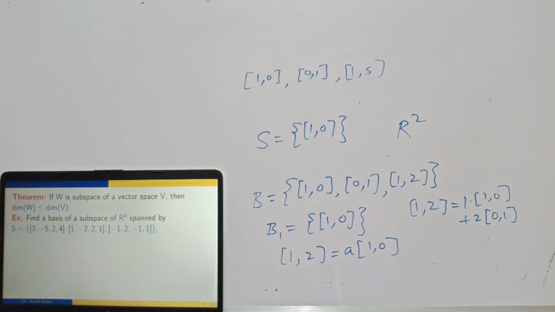Read this carefully. Find a basis of a subspace of R4. It is not for R4. You know, R4 cannot be spanned by less than 4 vectors. Okay? So here the question is about subspace of R4, which is spanned by these three vectors, and what is required? Basis of that subspace.